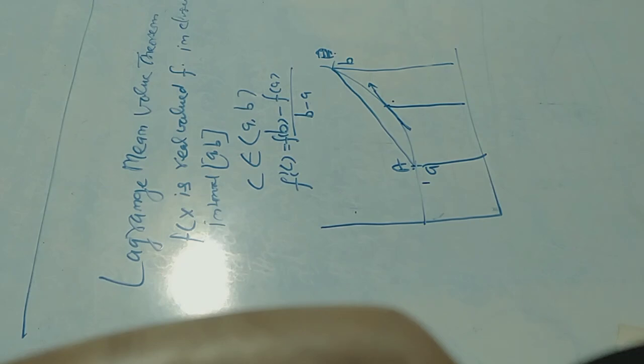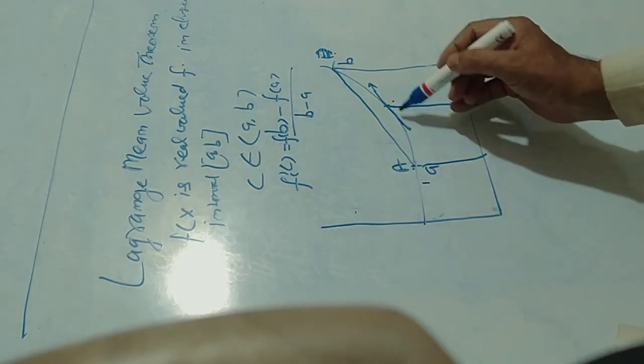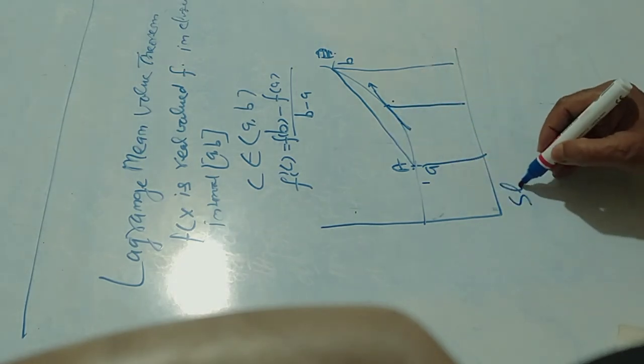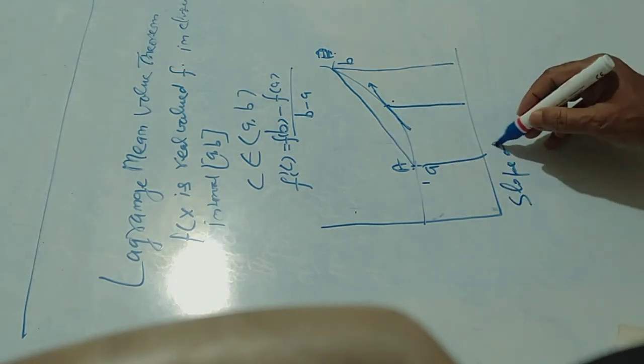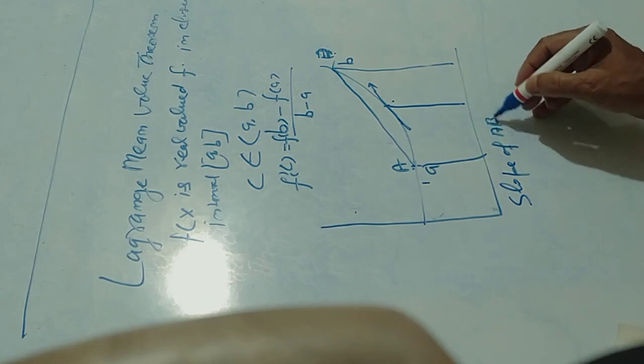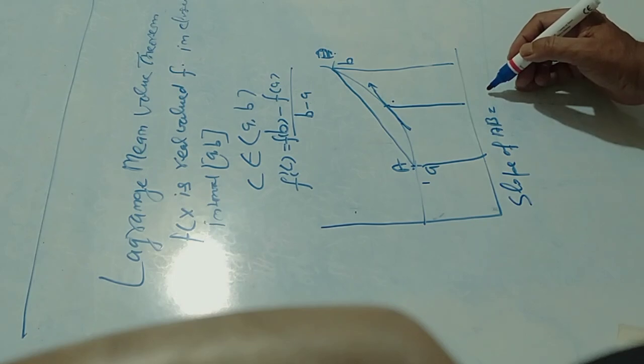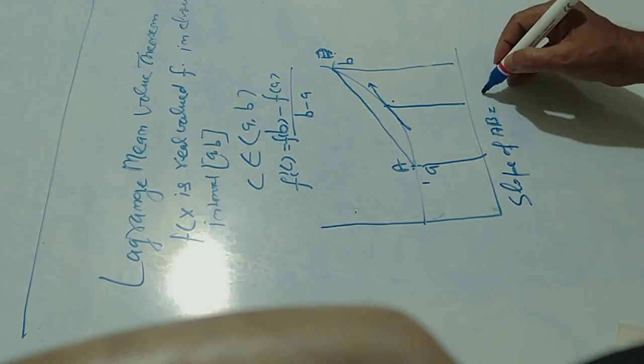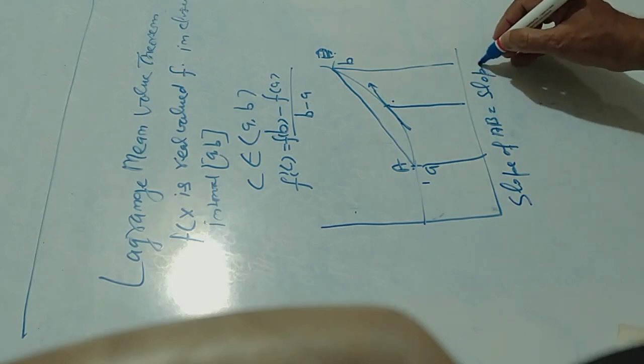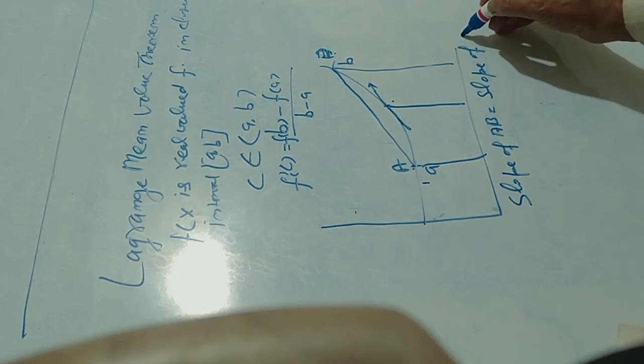Slope of tangent at c is equal to slope of chord AB.